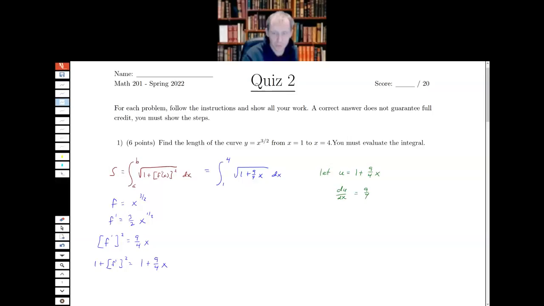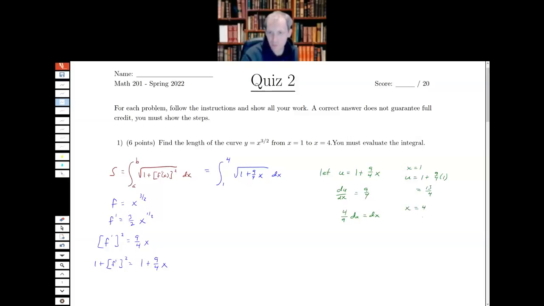So I'm going to do 2 steps here. I'm going to multiply both sides by dx and divide by 9/4, right? So 4/9 du equals dx. Okay. Since I have a definite integral, I'm going to go ahead and also change my limits of integration over. So when x is 1, u is 1 plus 9/4 times 1, which is 1 plus 9/4 or 13/4.